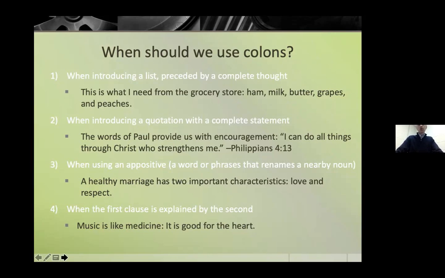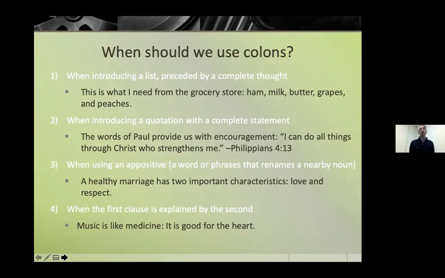the last two uses are kind of the same thing, where the second part of the sentence is explaining or renaming the first part. So you can see here, a healthy marriage has two important characteristics: love and respect. Now, what's happening?